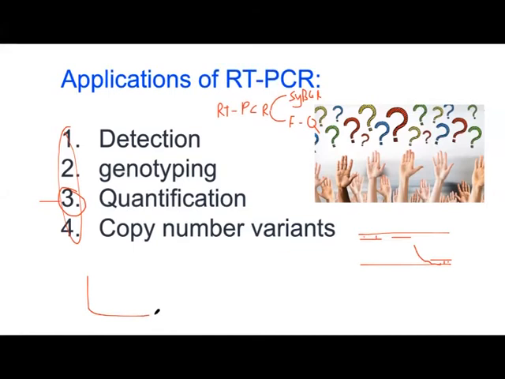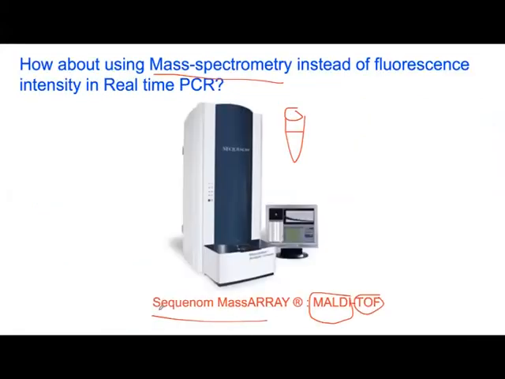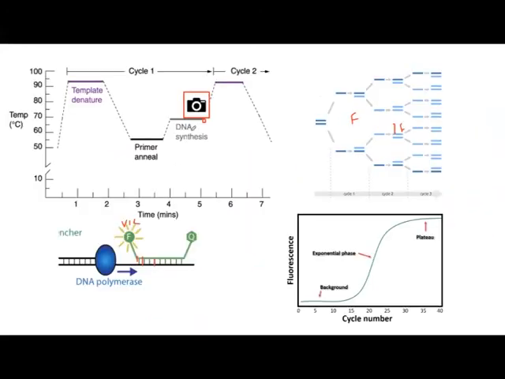Abdul Rahman asked about this, so I'm going to go back to one of the slides. Remember I told you this is the PCR cycle. If this is your fluorescence data and this is your cycle number, we are detecting fluorescence after each cycle. One way to make the PCR much faster is to lower the cycle time. For example, from here to here, one cycle takes around 5 minutes.